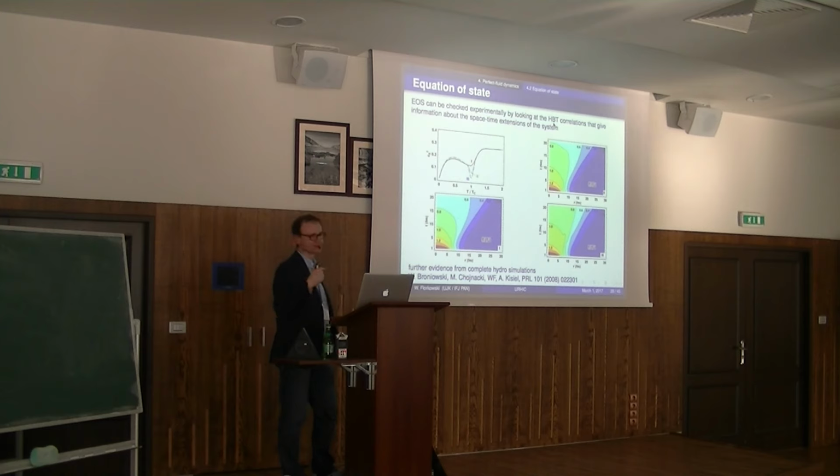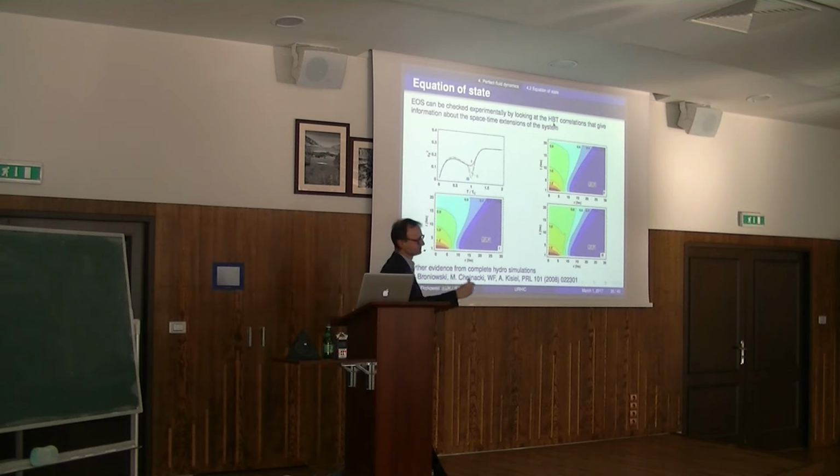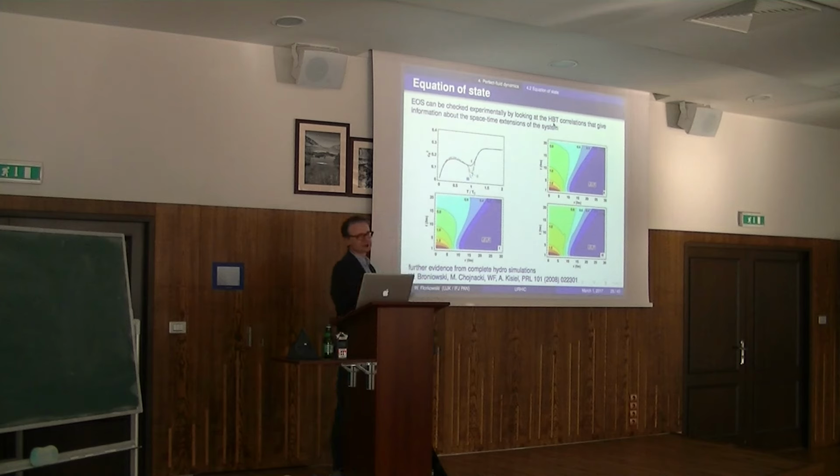Using thermodynamic relations, you can express entropy density, energy density, pressure, and the sound velocity. But there are integration constants, and they should be arranged in the proper way. For instance, if you use the sound velocity from here, you have to get the proper entropy density here, which is determined by the lattice calculation. This was the reason for the increase here in the cases with the dip.